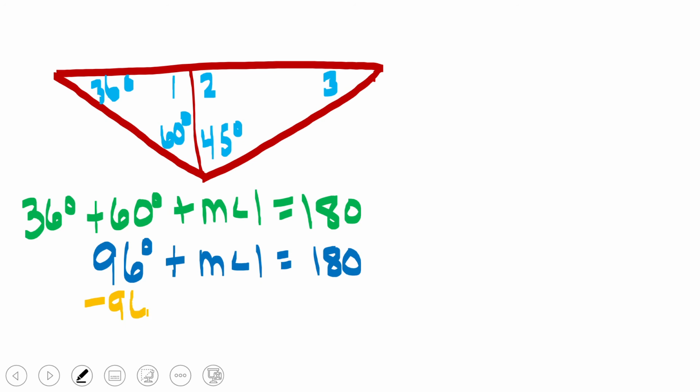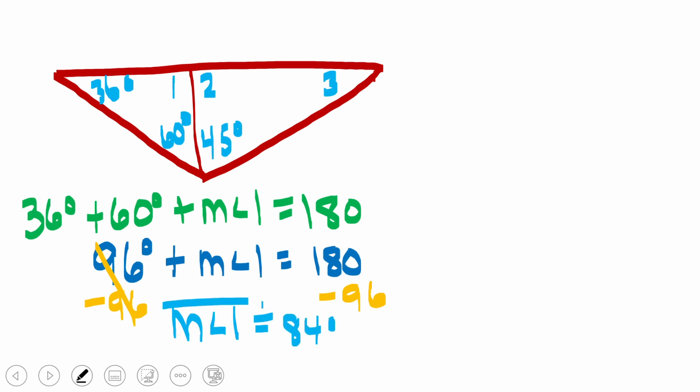Subtract 96 from both sides. This goes away. So we have the measure of angle 1 equals 180 minus 96 is 84 degrees. That's one of our missing angles.